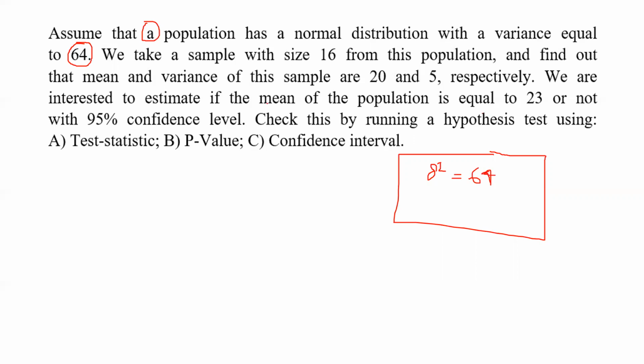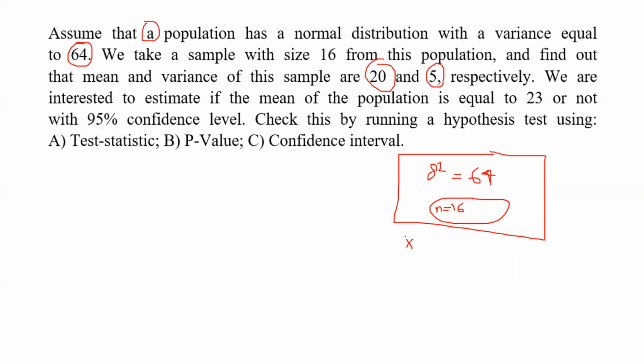Okay. So we take a sample with size 16 from this population and find out that the mean and variance of the sample are 20 and 5 respectively.